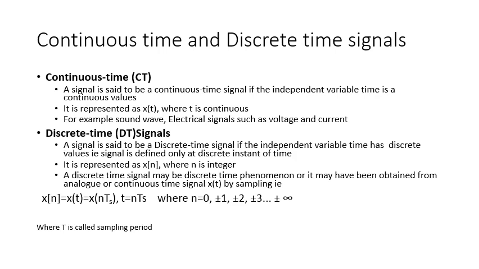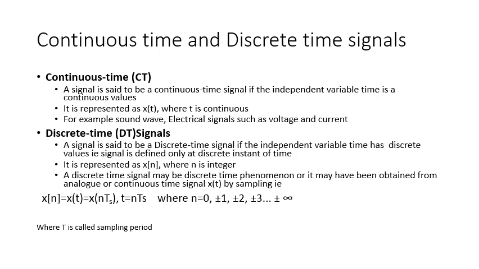Similarly, a signal is said to be a discrete time signal if the independent variable time has discrete values, that is, a signal is defined only at discrete instants of time. It is represented as x of n, where n is an integer.